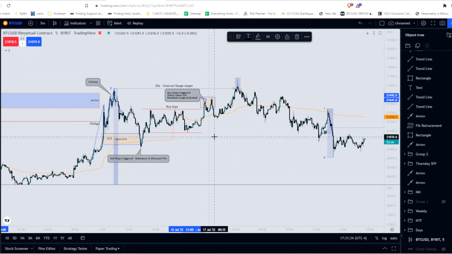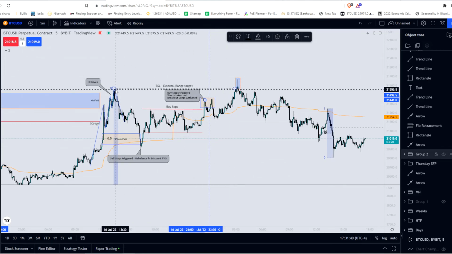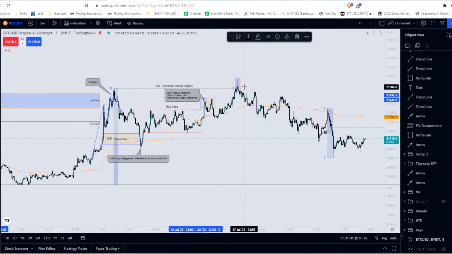Sometimes you'll run sell side again, but eventually you will reach for the external range target, which is above the previous high marked by the 3-drive pattern. This will be your biggest pool of liquidity, and you expect a swing failure pattern at this level and for price to break down. I'm busy working on the fractal for that piece of price action, which I'll release shortly.